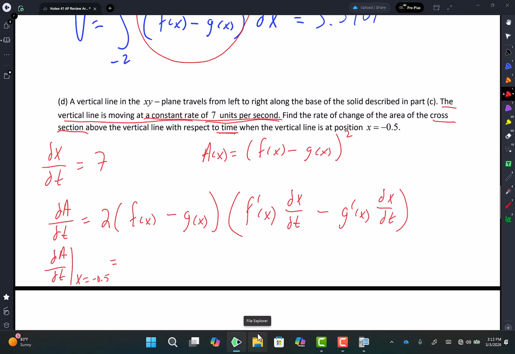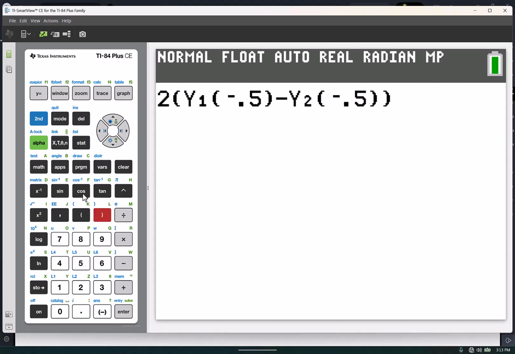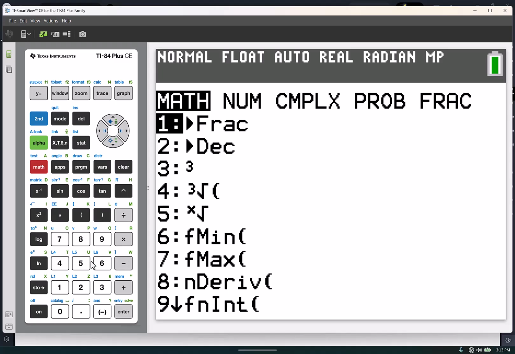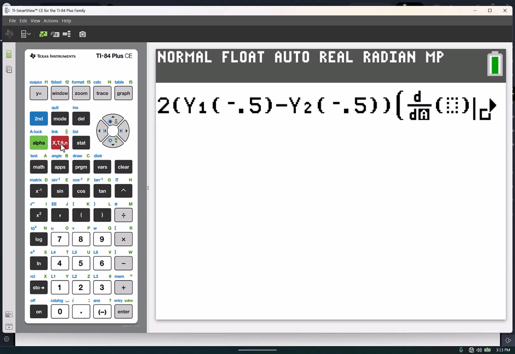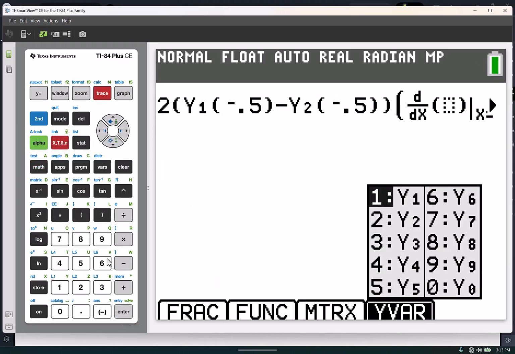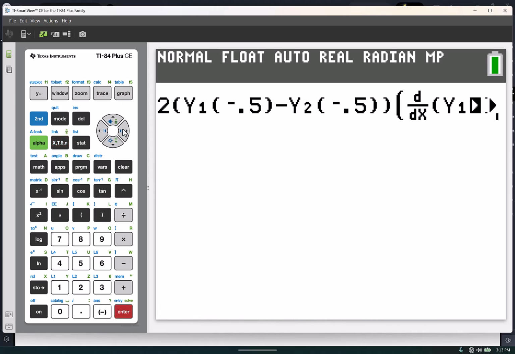And now I gotta take time. Now I'm gonna take derivative of this times 7 minus derivative of that times 7. So open a parenthesis. So here we go. Okay, sorry. So here we go. Open a parenthesis. Math number 8 x, and then put alpha trace y1, and then at what x value?